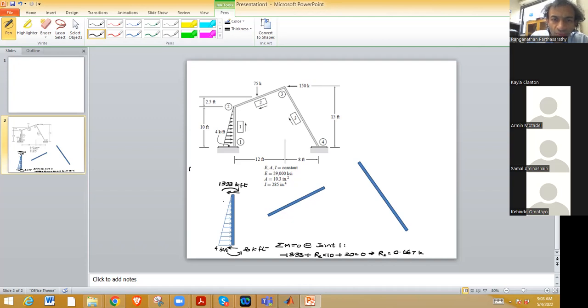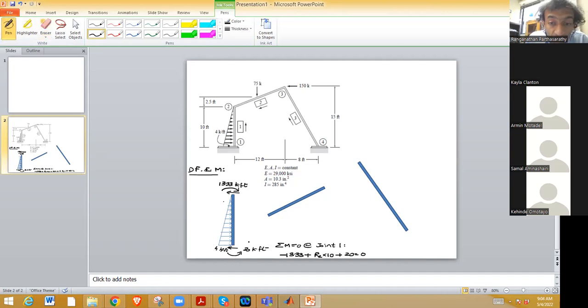So we are in step 1. This is fixed end moments. Oh, I have forgotten the load itself. Sorry.